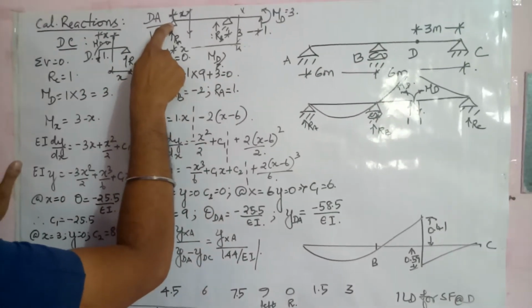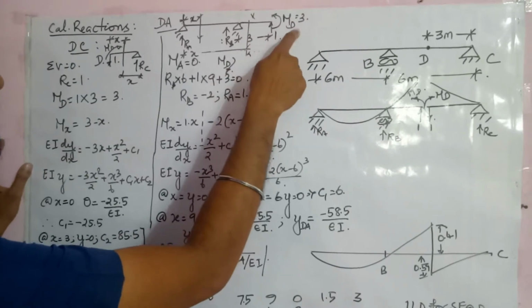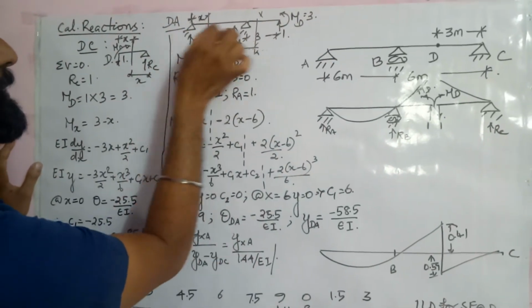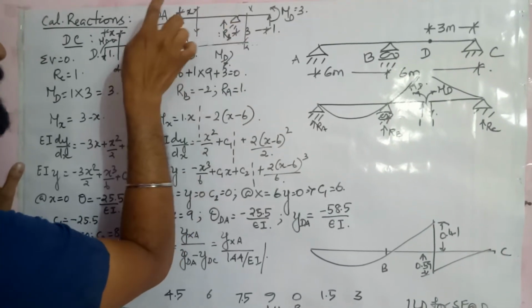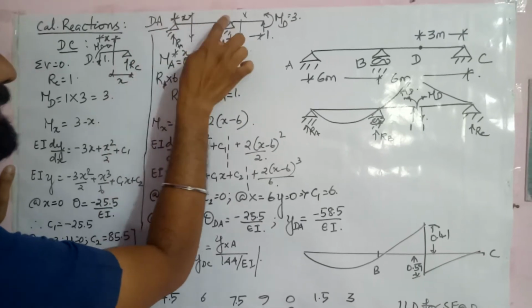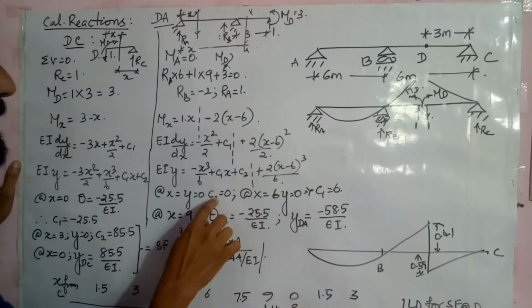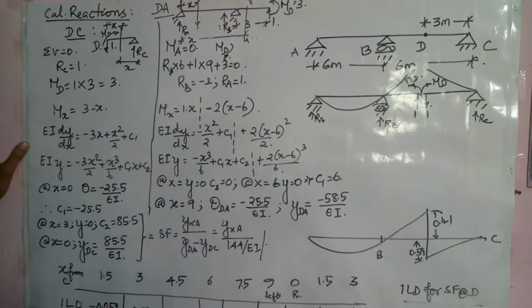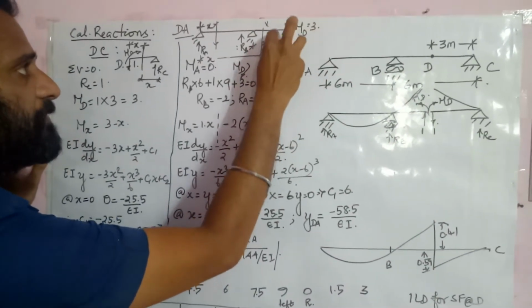At X equal to 0, Y equal to 0, and at X equal to 6 meter, Y equal to 0, since these are the supports, at 0 and 6 meter. Applying the conditions, I have determined the C2 and C1 values and substituted them in the corresponding equations. After that, I need to find out the deflection value.